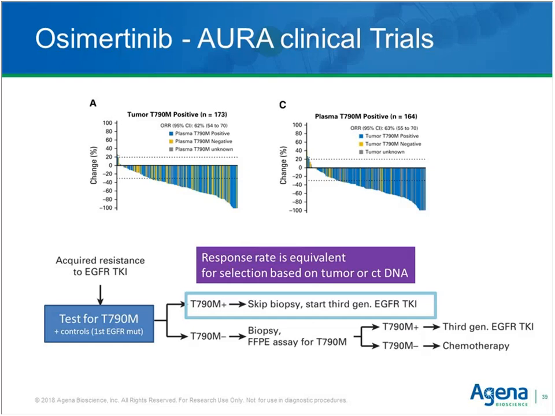Going into non-small cell lung cancer, there is a clinical trial that may be common or known to many of you. In that clinical trial, AURA, it was demonstrated that, first I should say that in non-small cell lung cancer, there's a more and more famous resistance marker in the EGFR gene called T790M.